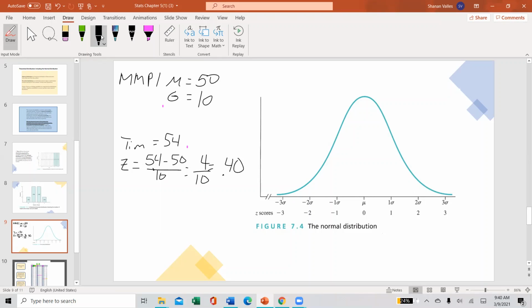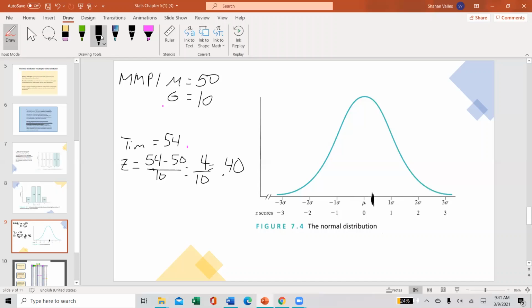Okay, now it's positive, right? It's a positive Z-score because he had a score of 54 and that was above the mean. So he's at 0.40, which we'll put maybe right about here.